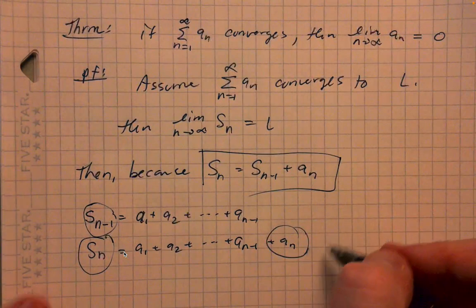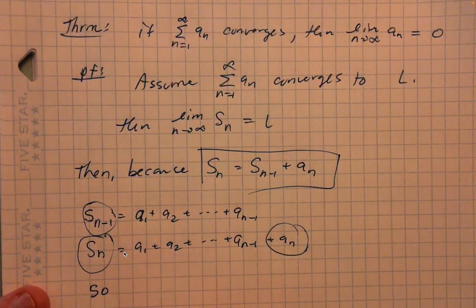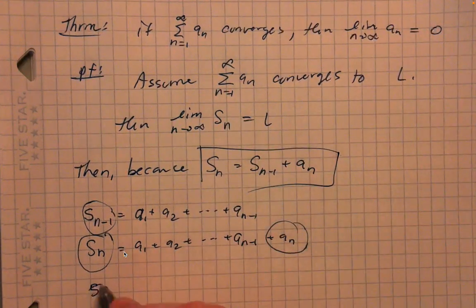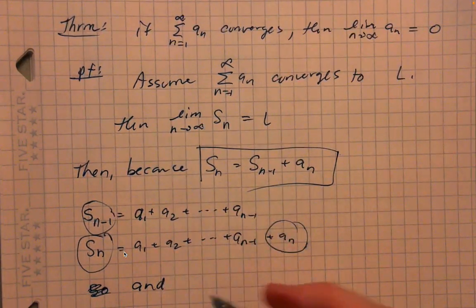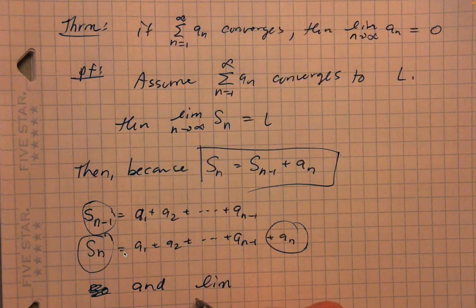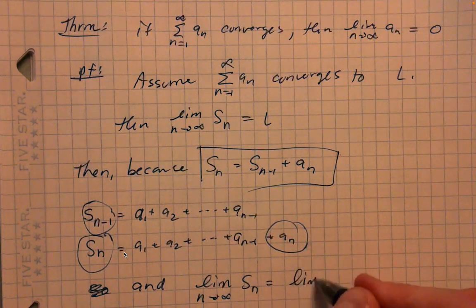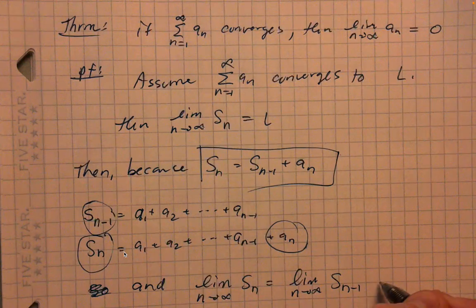Okay, and we need one more thing here: the limit as n goes to infinity of S of n is equal to the limit as n goes to infinity of S of n minus 1, which is equal to L. So we know that too.